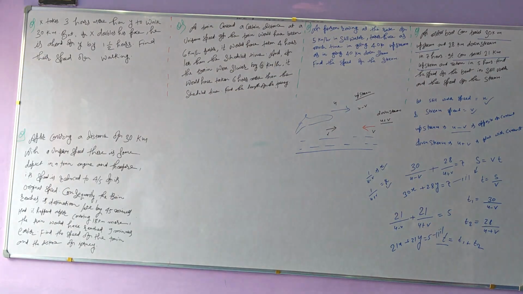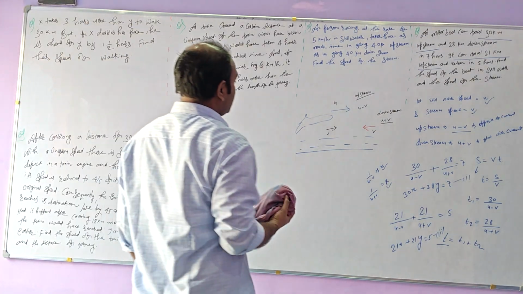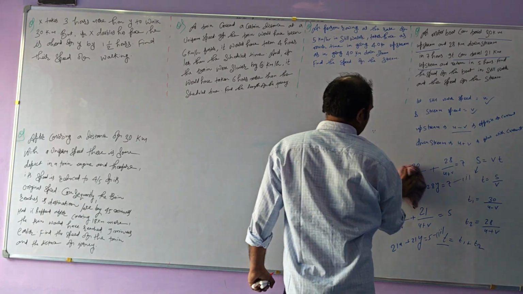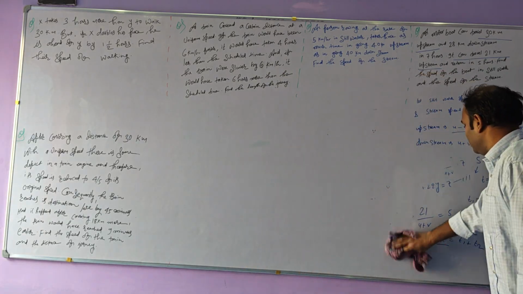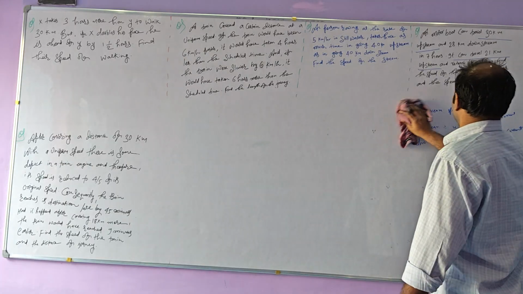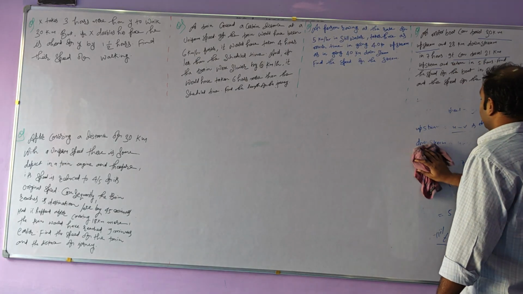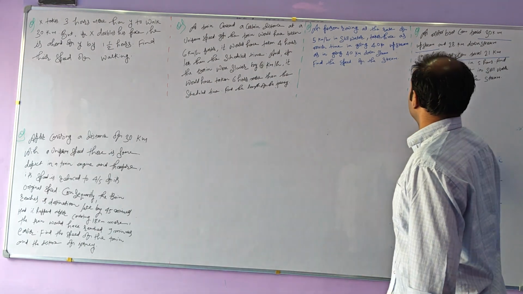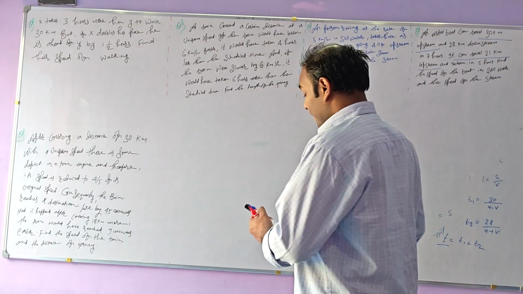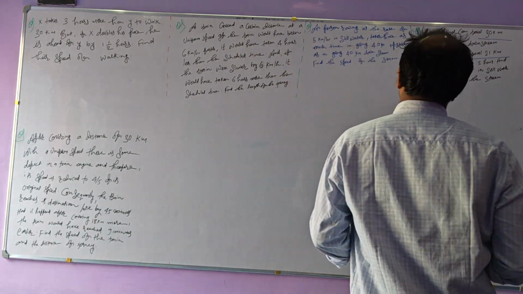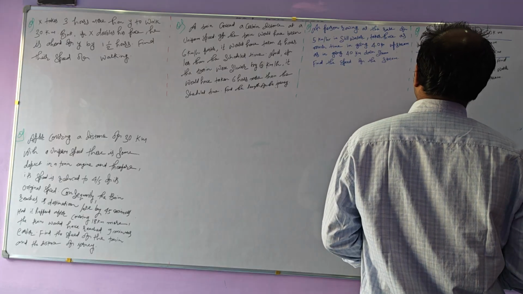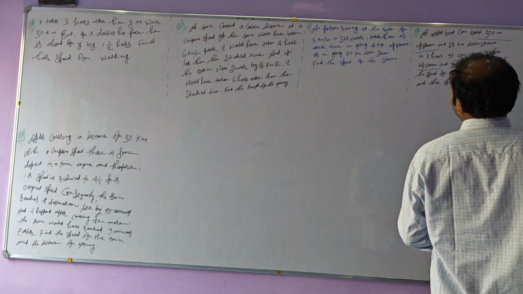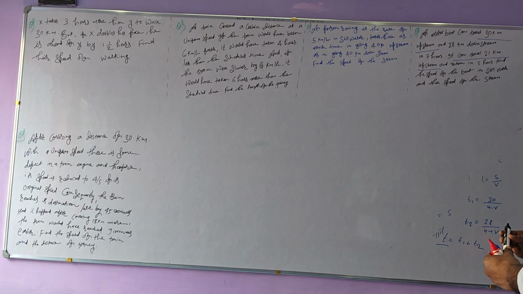Now we consider another question. A person rowing at a rate of 5 km per hour in still water takes thrice as much time in going 40 km upstream as in going 40 km downstream.